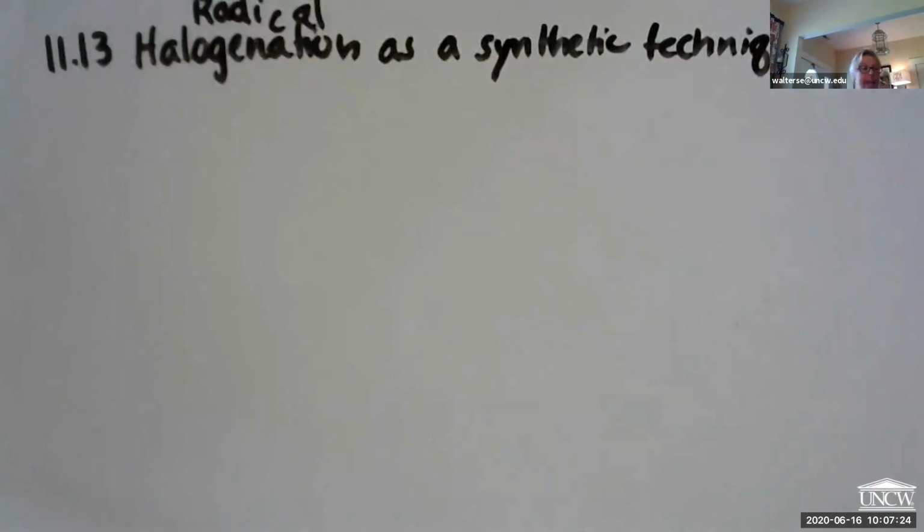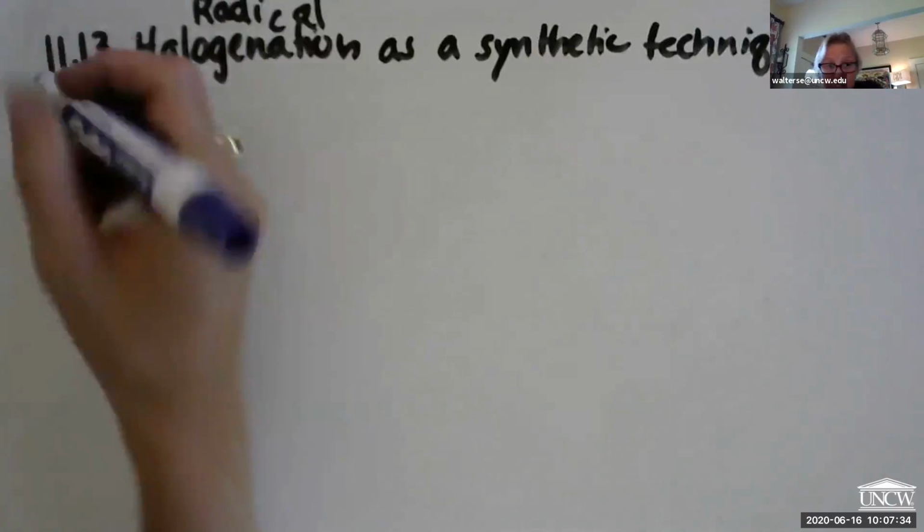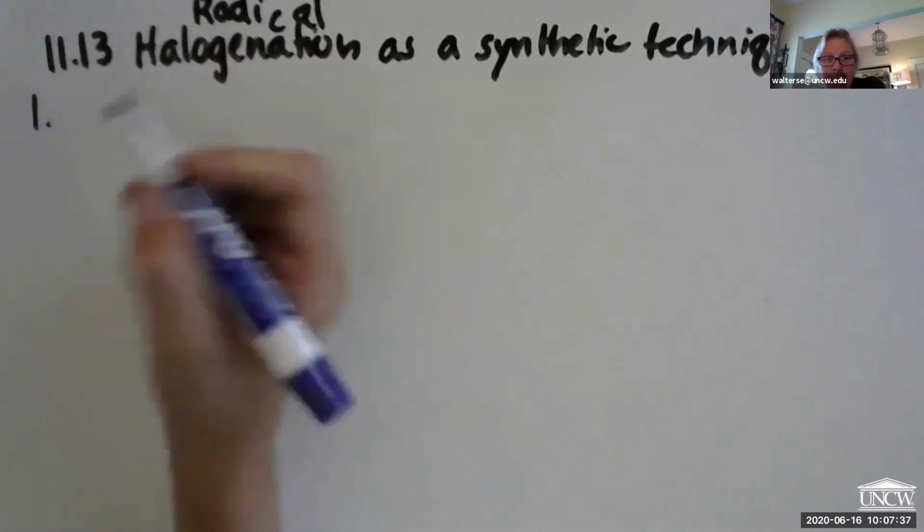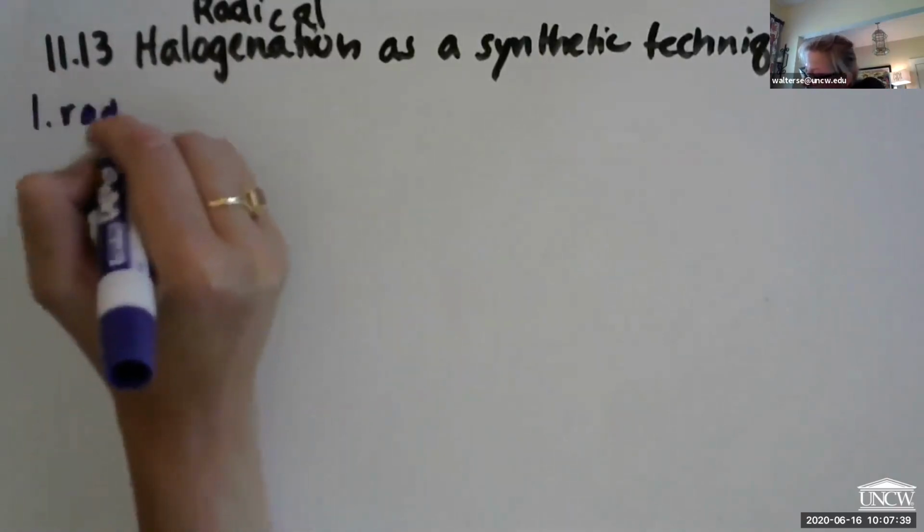And we're going to look at 2 different types of radical halogenations. The first type is radical chlorination.